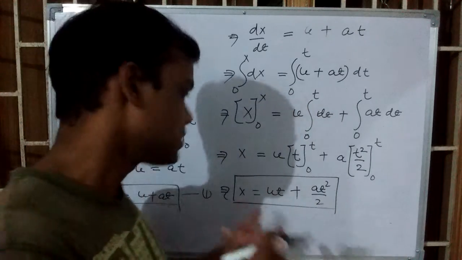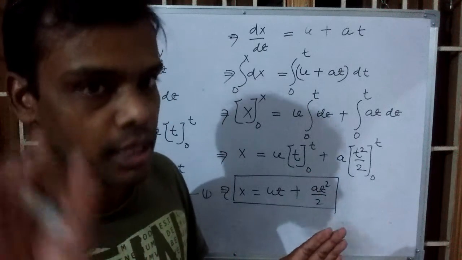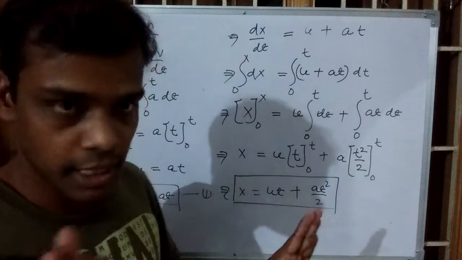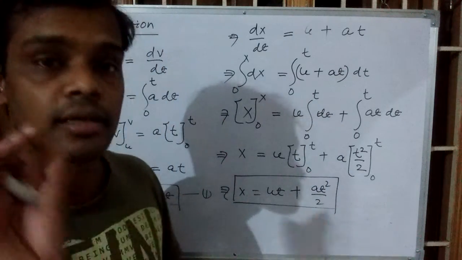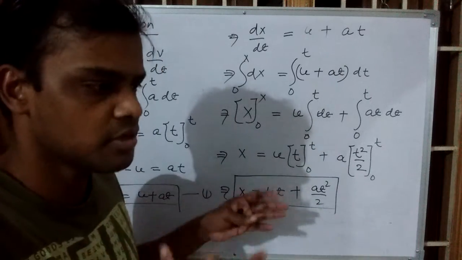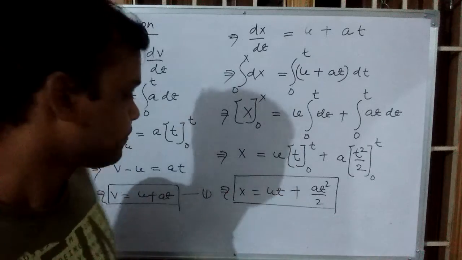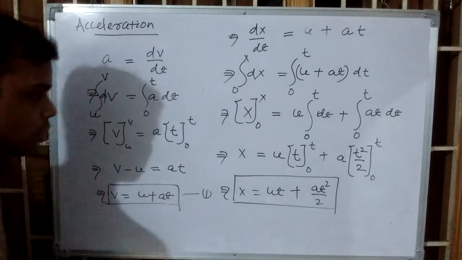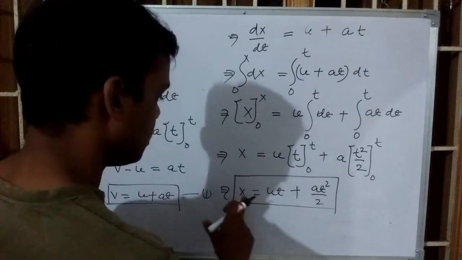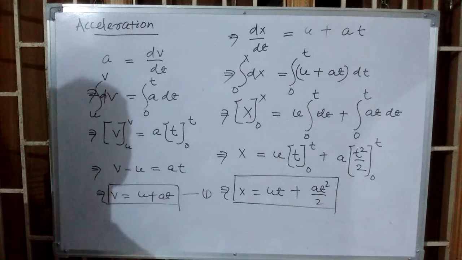That means a body started from initial velocity u, it traveled for a time duration t with acceleration a. So after time t, what will be its position or how much displacement would it have covered? So this is x is equal to ut plus half at square. This is equation number 2.